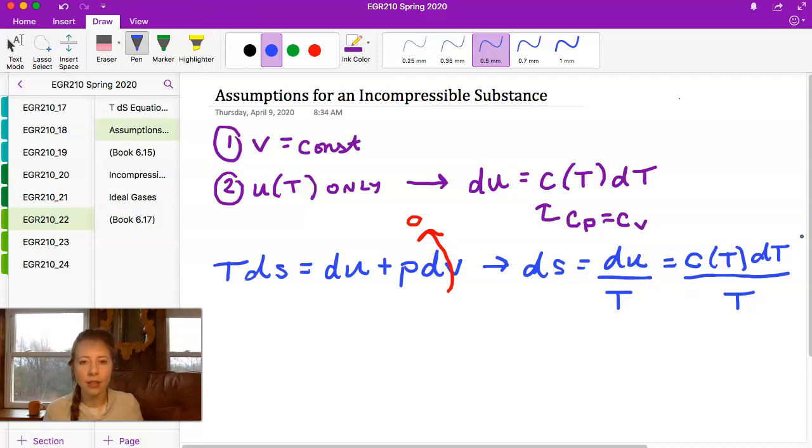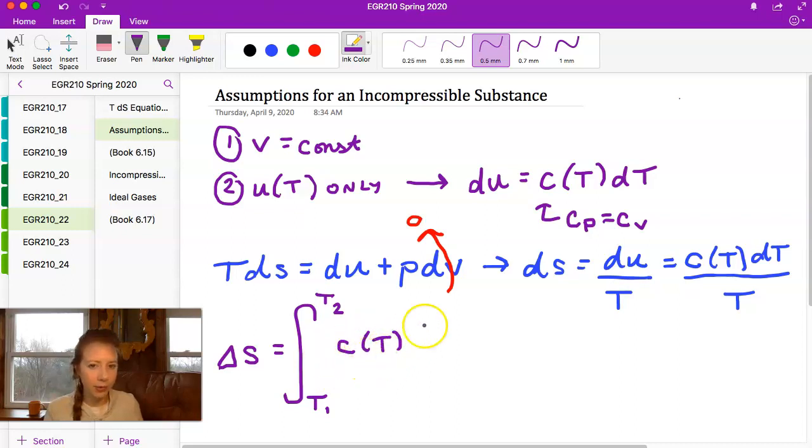So that means, if we keep moving on, that delta s, delta being the overall change for the process, is going to be equal to the integral from the initial temperature to the final temperature of the specific heat capacity, which is a function of temperature.